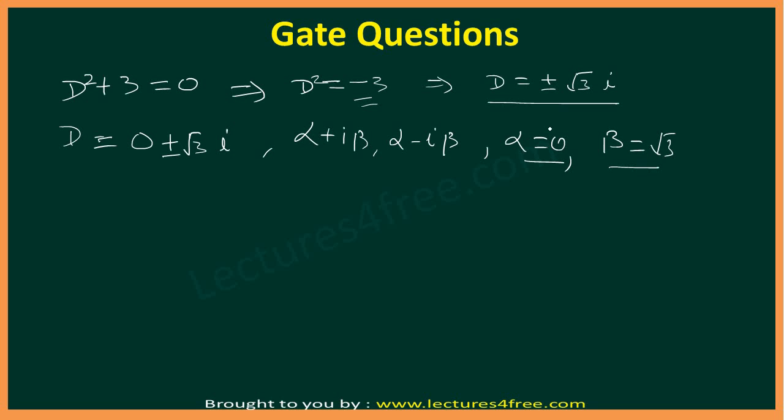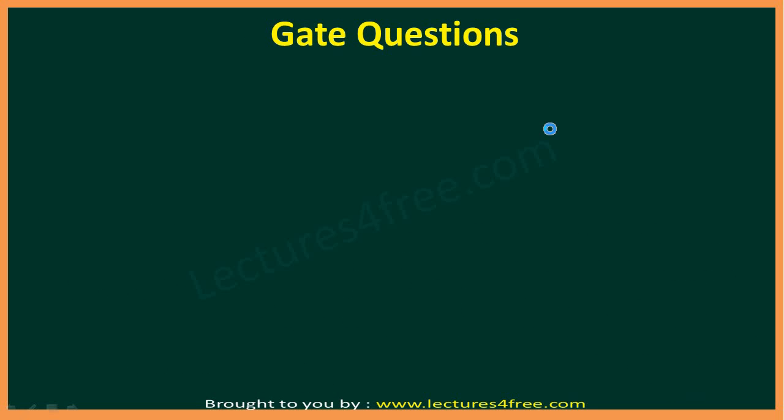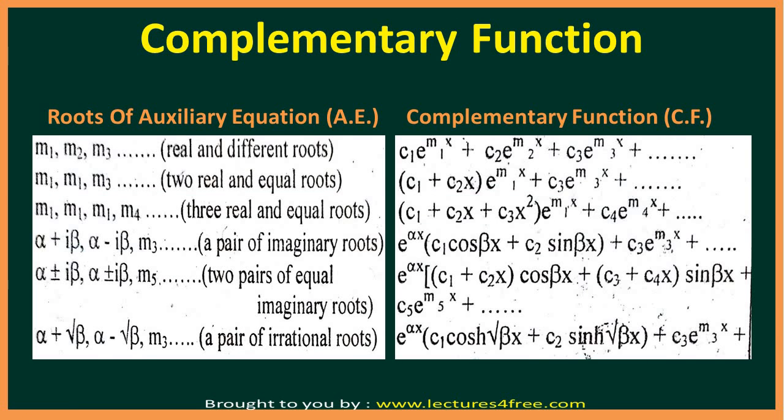In this case you will get a solution like this. If you get a pair of imaginary roots, then you will get the solution e to the power alpha x times (c1 cos beta x plus c2 sin beta x).